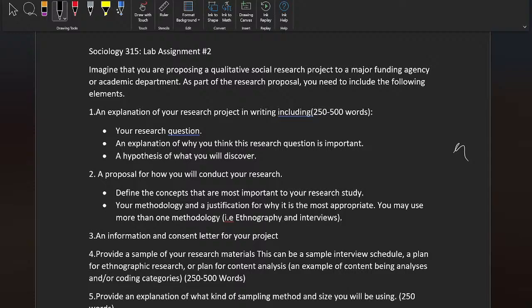Yeah, please. In the first part where we have to put in a hypothesis for what we think we'll find, do we need to justify or explain why we think so? I mean, just an outline of what you think the results might be. It doesn't have to be very in depth in terms of why you think you'll find that. A short explanation will more than suffice.